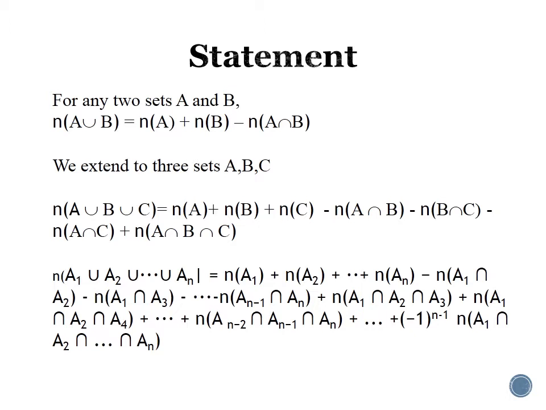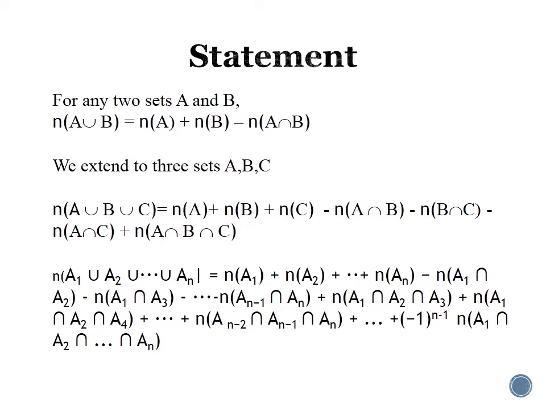So, in order to avoid double counting, we have to subtract the common elements which are in both A and B. So, the principle of inclusion and exclusion says that the cardinality of A union B is nothing but cardinality of A plus cardinality of B minus cardinality of A intersection B.